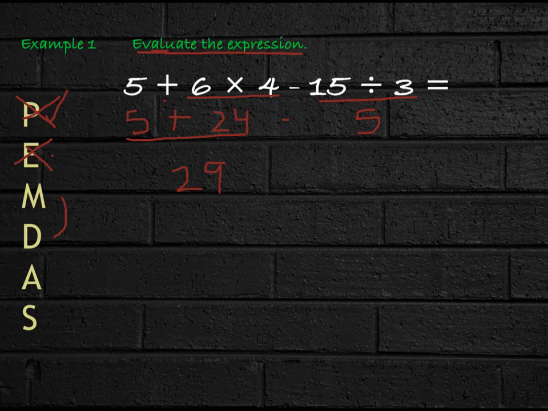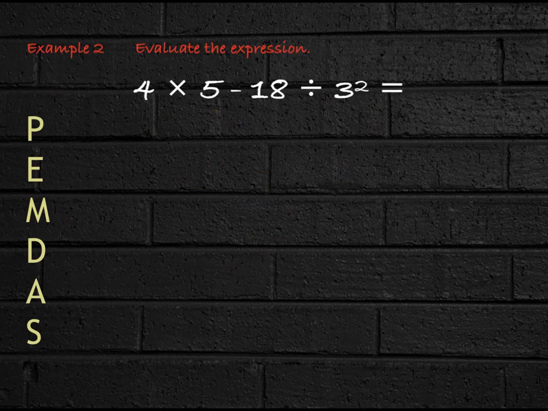So we're going to do this first. 5 plus 24 will be 29. And then minus 5. And now we can do that part. 29 minus 5 would be 24. So our final answer would be 24.